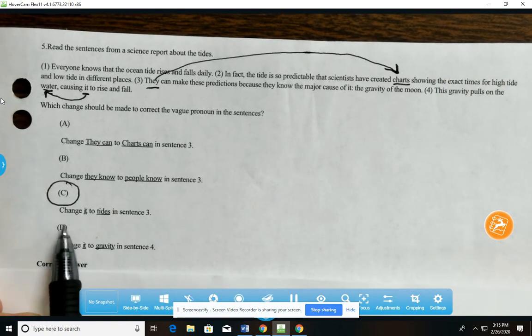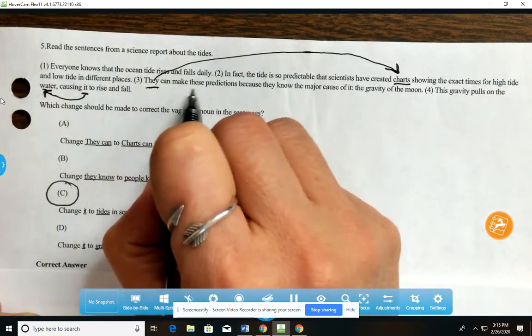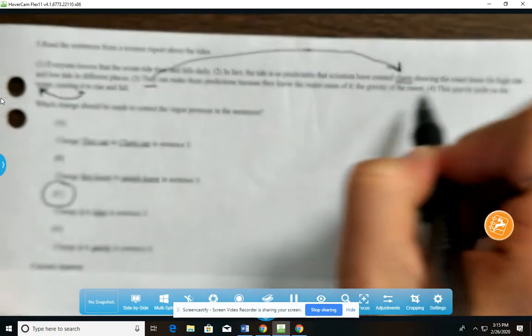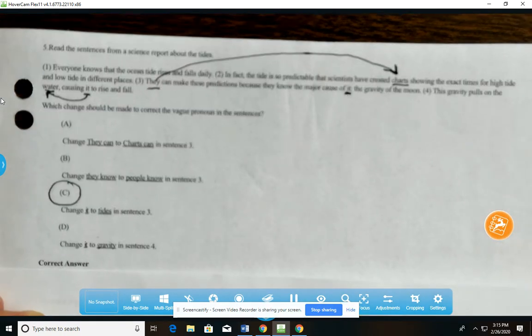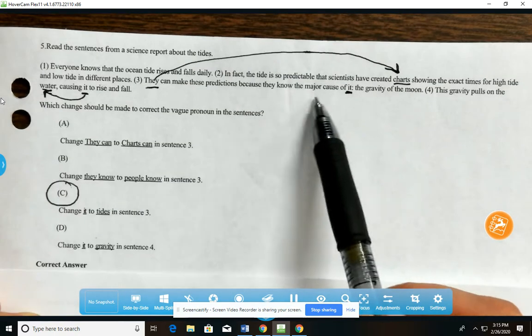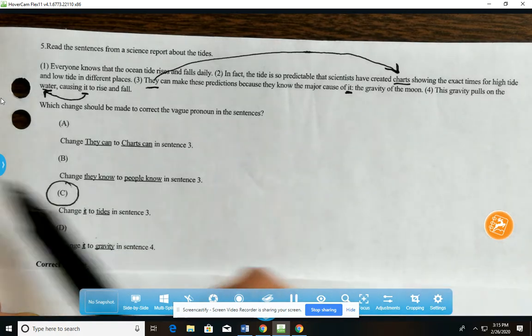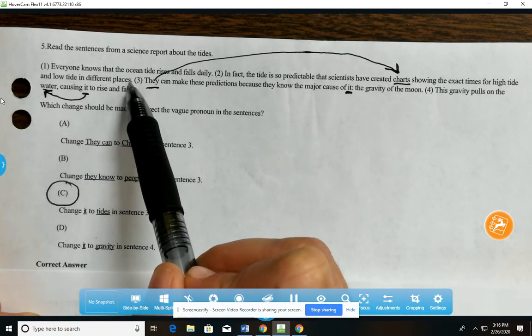Let's look at the correct answer: change it to tides in sentence 3. They can make these predictions because they know the major cause of it, the gravity of the moon. So within this scenario, the sentence reads that they know the major cause of it. Now, are they referring to high tide, low tide, or the location of the places?